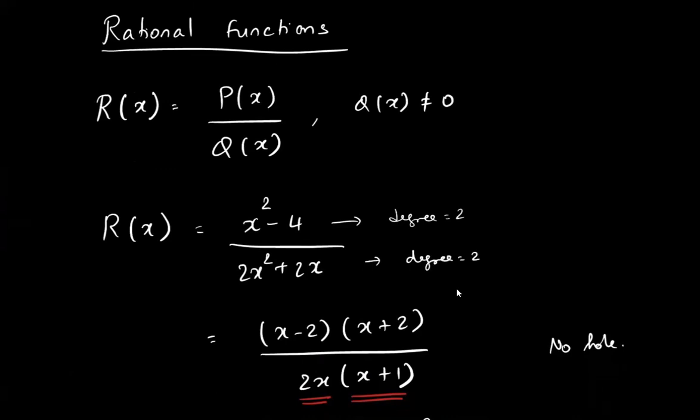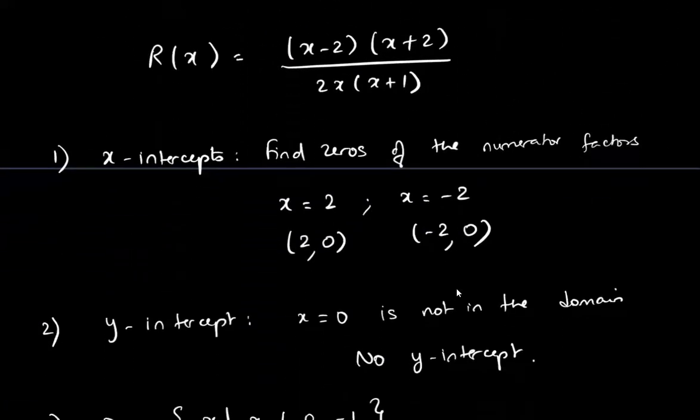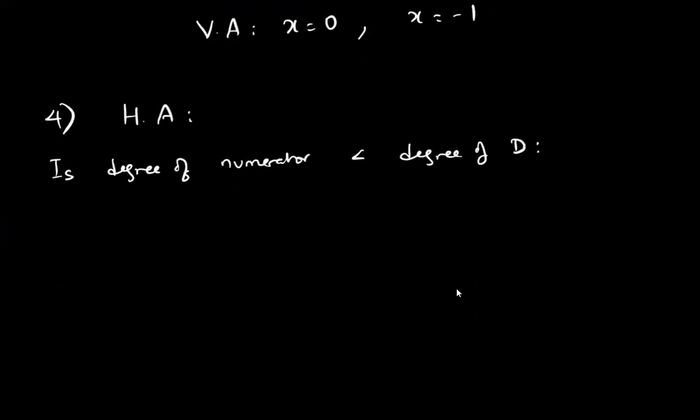So the degree of the numerator is not less than the degree of the denominator, and I answer no to this question. If I had answered yes, my horizontal asymptote would have been y equals 0. The second question is: is the degree of the numerator equal to the degree of the denominator? The answer to this question for me is yes.